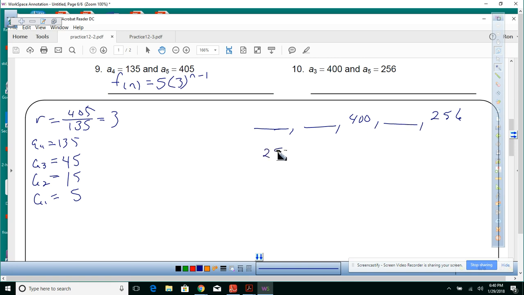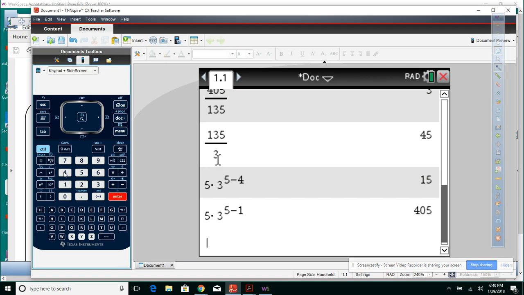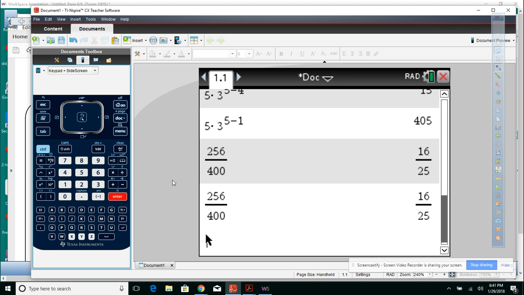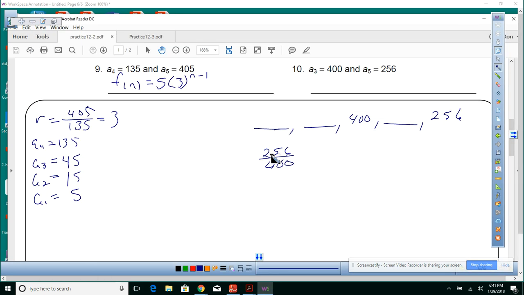So we got 256 divided by 400. That's 16 over 25.